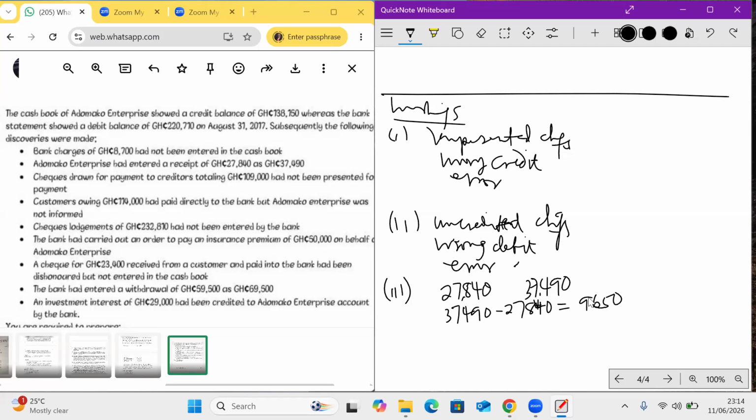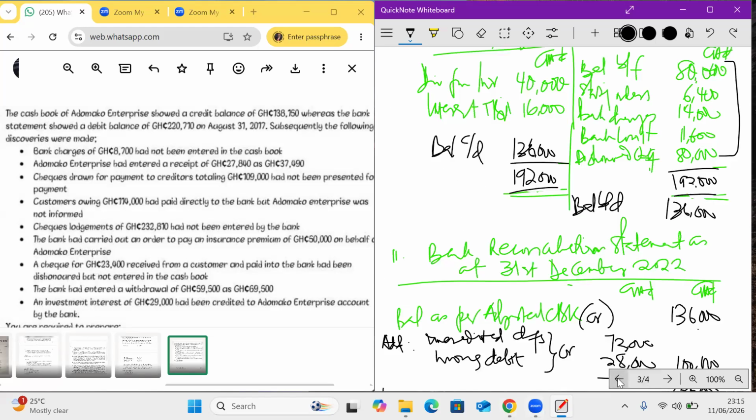That is one. Two, if it was entering a receipt in the cash book, what is used to correct the cash book? BRS. Madam, be careful. If the issue is with the cash book, what is used to correct it? If you've forgotten, look on the screen.